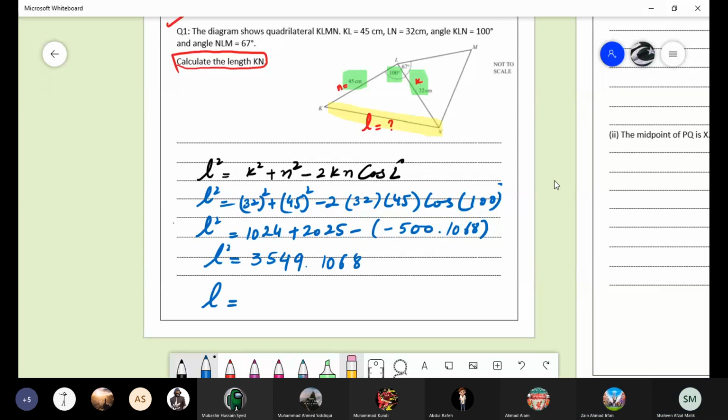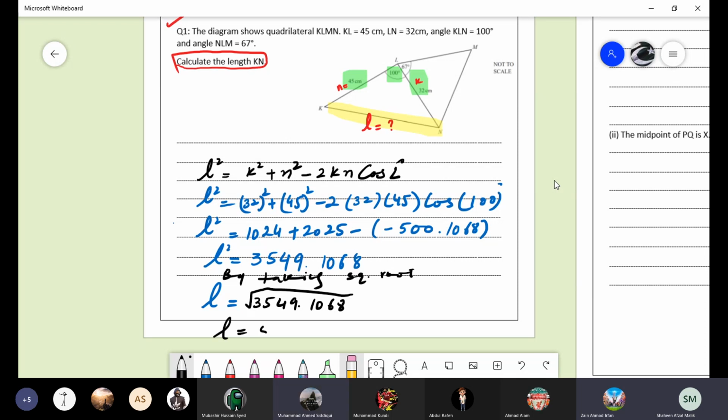By taking the square root. The square root of 3549.1068 is 59.57. So we can write it as 59.6 centimeters. This is the answer of your first question.